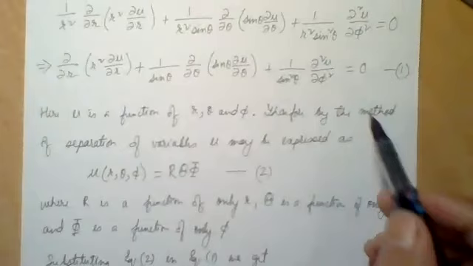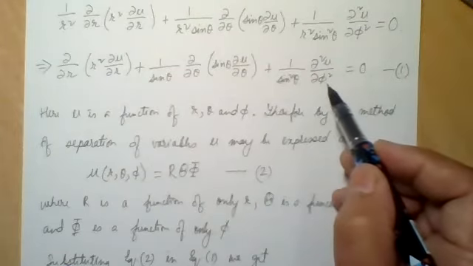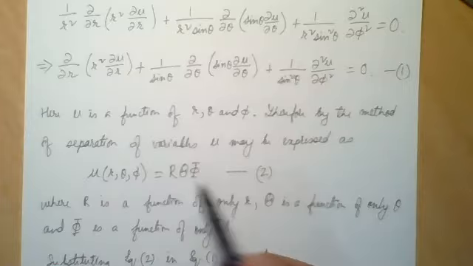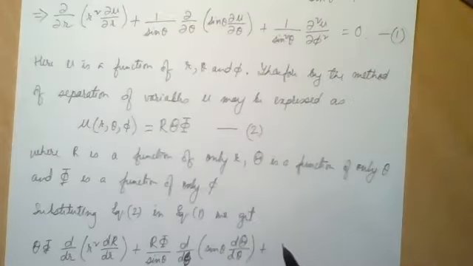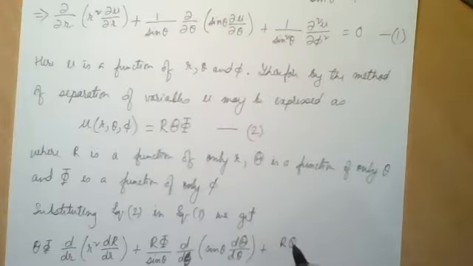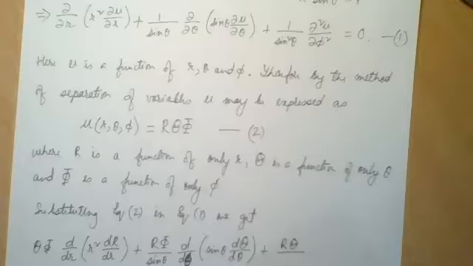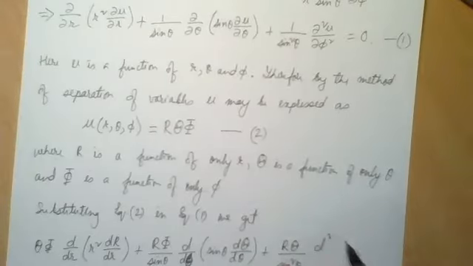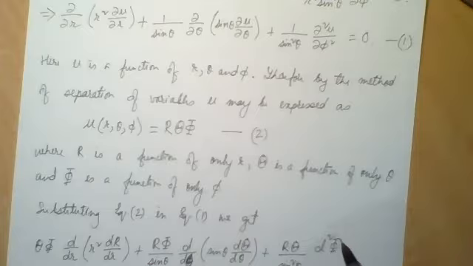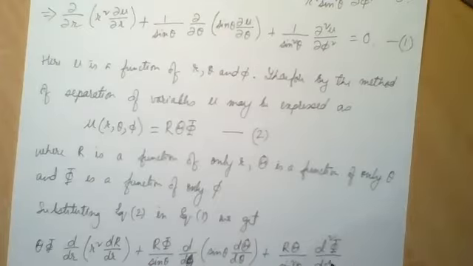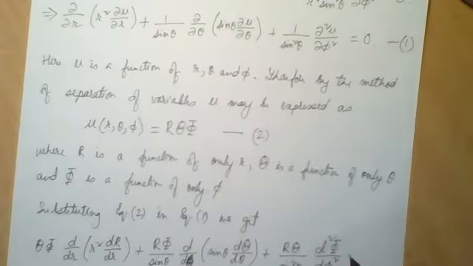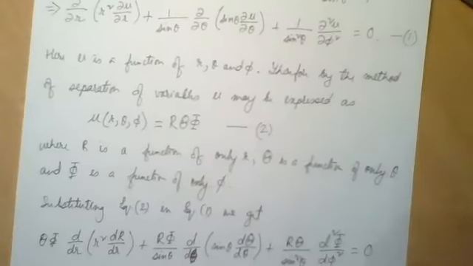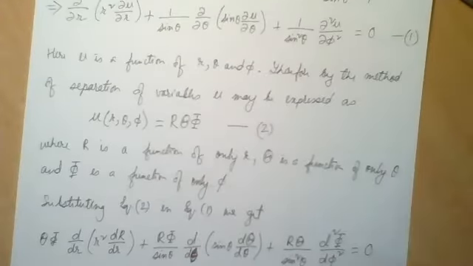Plus, now here the differentiation is with respect to small phi, so we can take R and theta outside. So R and capital theta divided by sine square theta, the second order derivative of capital phi with respect to small phi. This is equal to 0. Okay, so this is what we get.